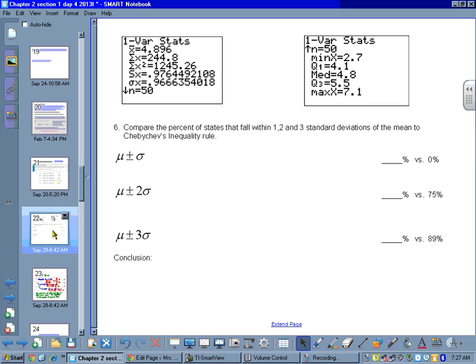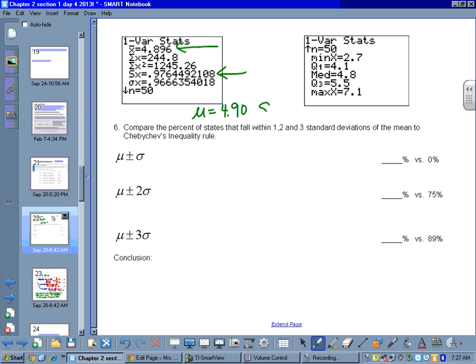So we are going to see how our data of the unemployment rates for the states match up to Chebychev's inequality rule. The first thing we need to do is take our mean and our standard deviation. For the mean, we're going to use 4.9. Rounded to 2 places correctly, it'd be 4.90.